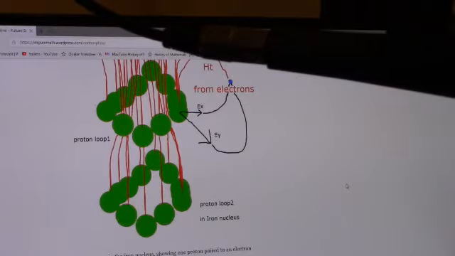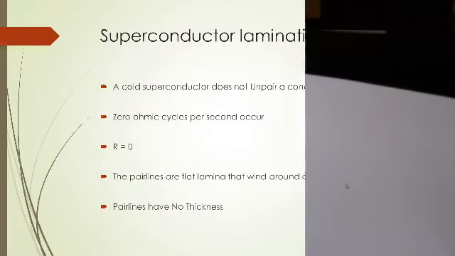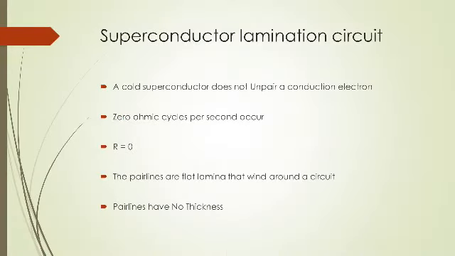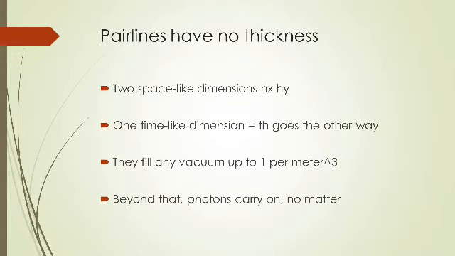So now I'm going back to talk about the lamination, and that these pair lines have no thickness, so you can stack up a lot of them without losing any molecular strength or anything. So these two dimensions, hx and hy here, go one way out of the proton to the electron, and then a time-like dimension goes the other way into the proton from the electron.